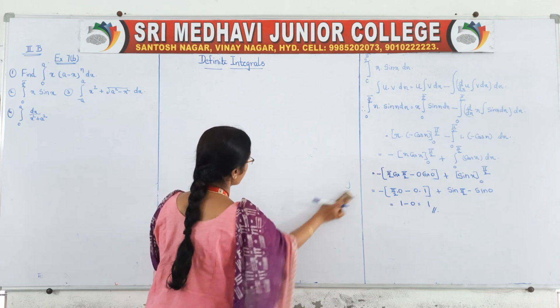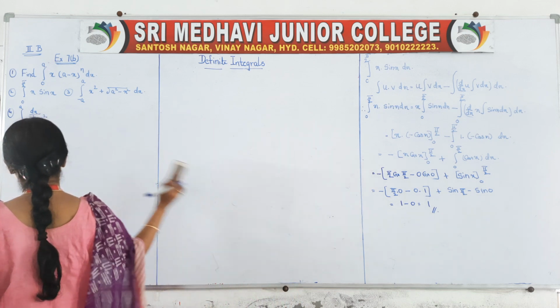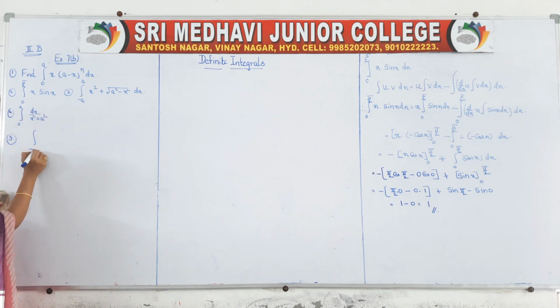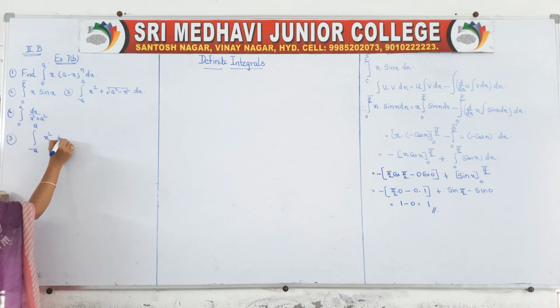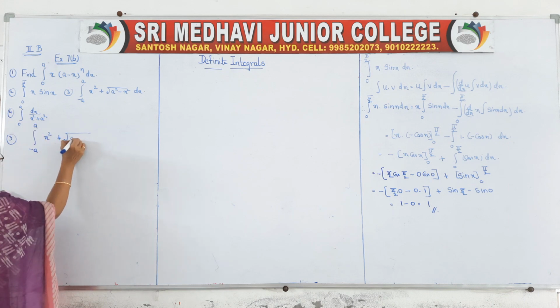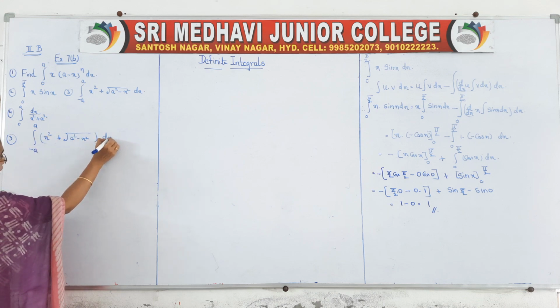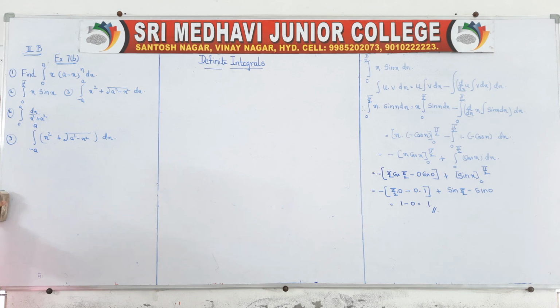So, come on, take this third question. It is given: the integral from minus a to a of x square plus root of a square minus x square into dx. This is the given question to you.